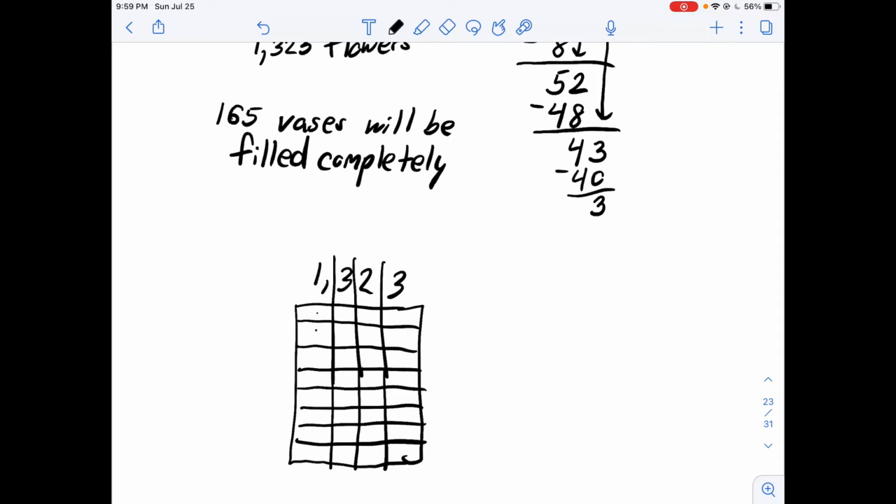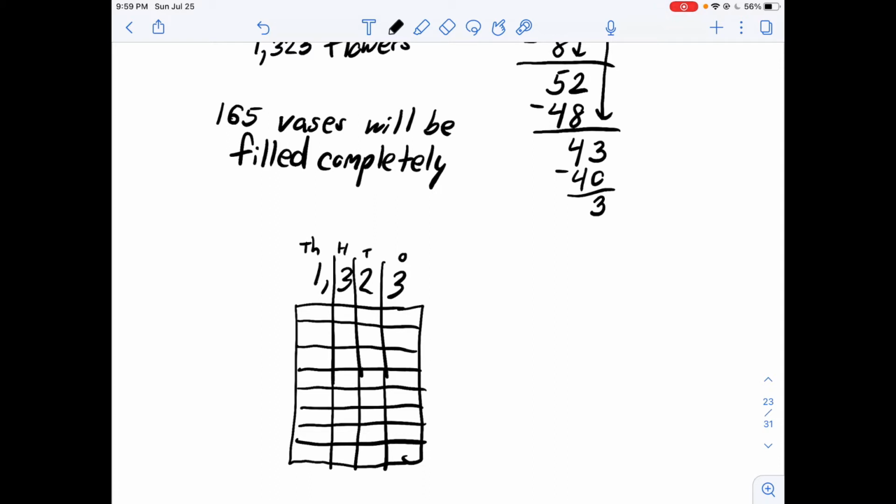Okay. So let me just actually erase these dots so that they're not confusing.